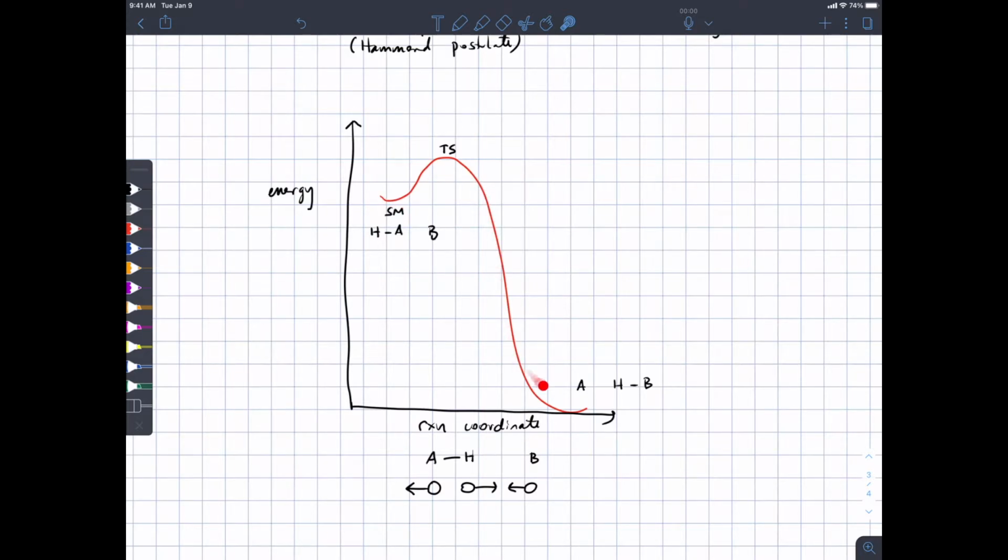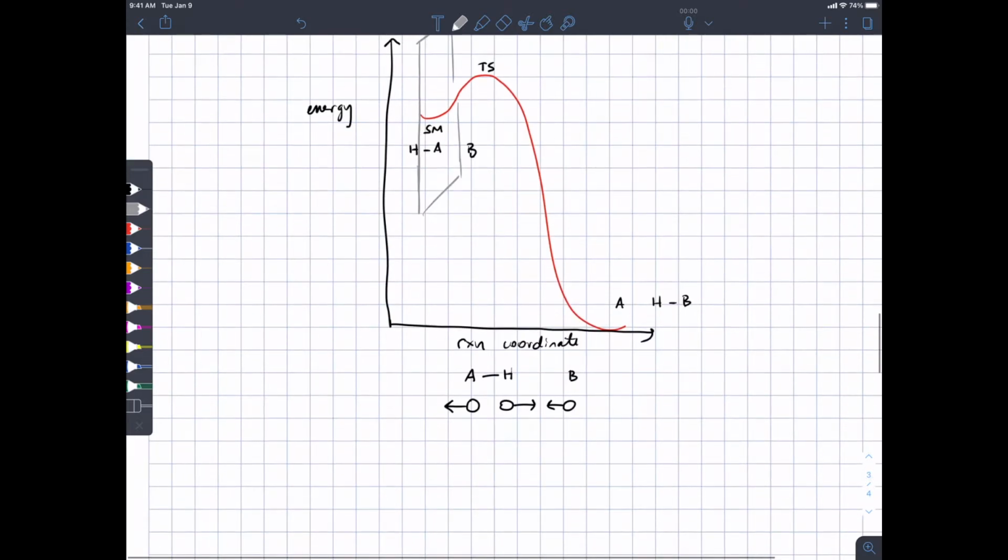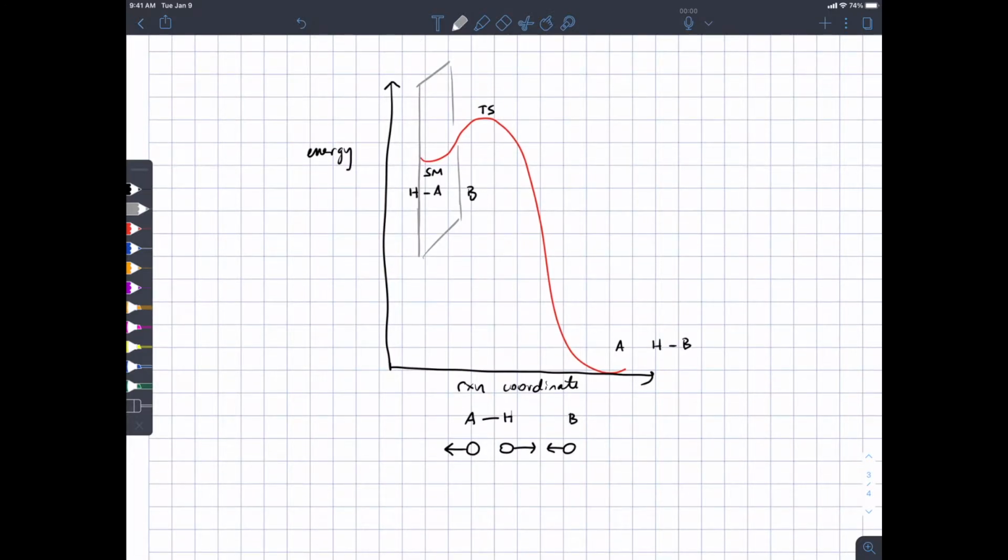Motion along this direction takes you through the reaction. Motion in any other direction takes you up a potential energy barrier. And so if we took a slice, just imagine a plane here taking a slice of the three-dimensional reaction coordinate energy diagram, what would that look like? And I'm going to use maybe blue, no, purple, no.